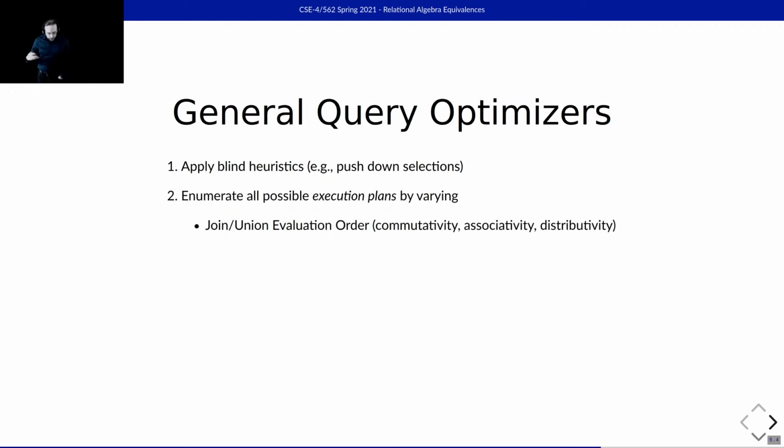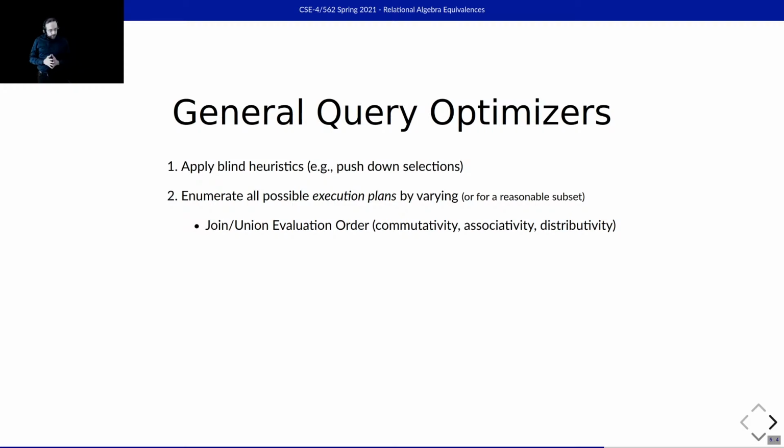Now there's a bunch of these that are not as obvious, and what a typical database optimizer is going to do is start enumerating a bunch of possible plans. It'll list out, for example, all of the execution orders of the join and union using commutativity, associativity, and distributivity to list out all of the possible join orders. Now, there's going to be a ton of these.